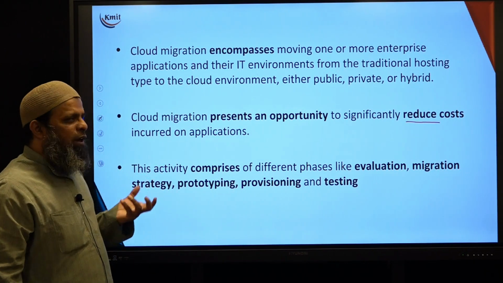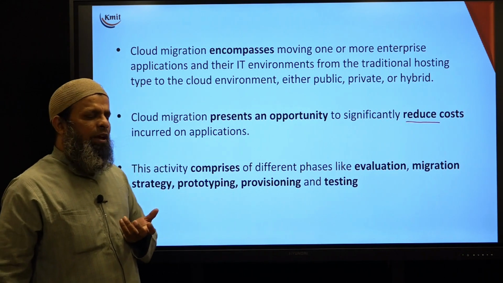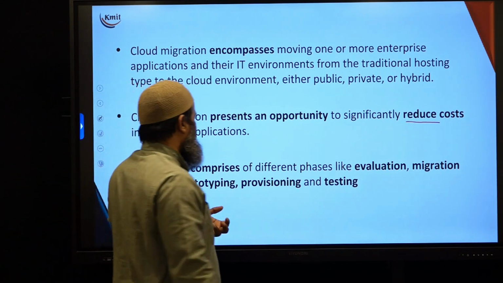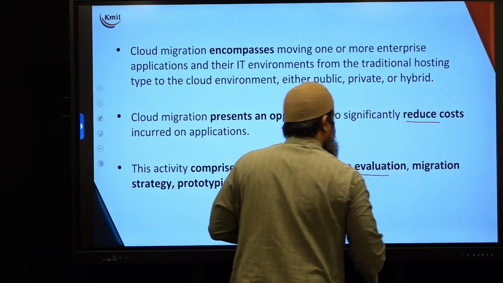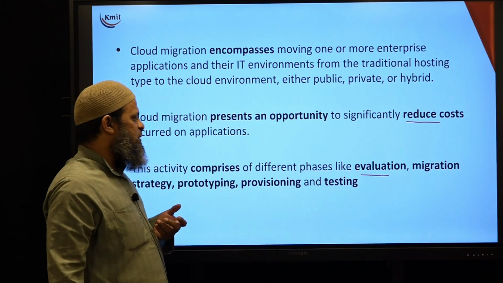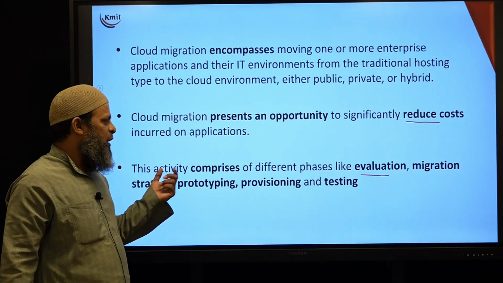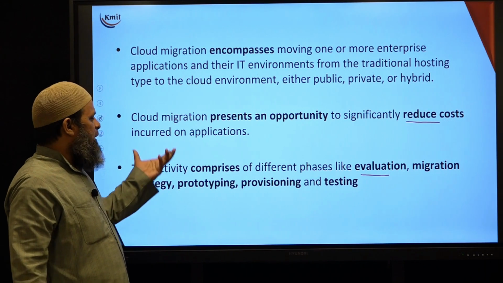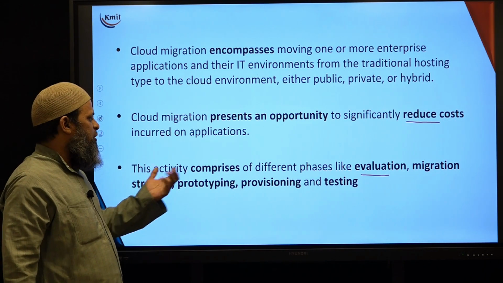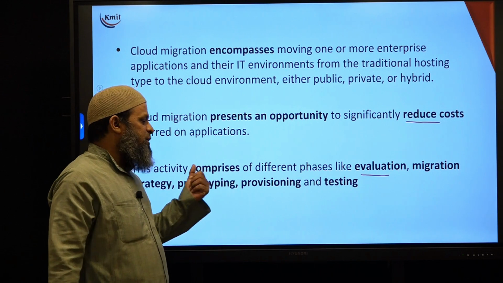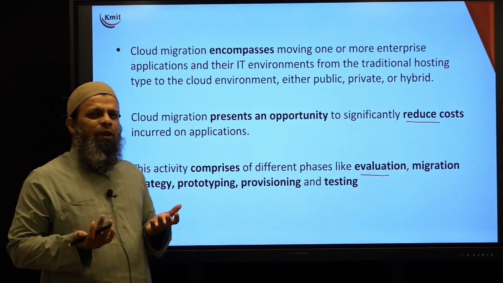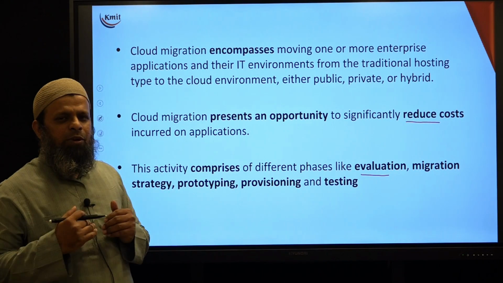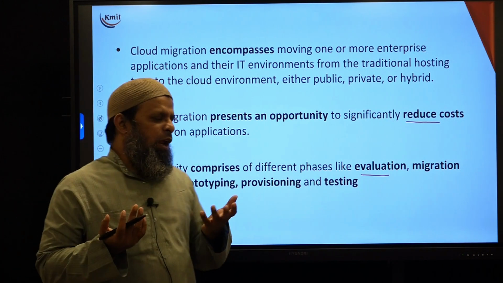So, what all does it comprise of? Now, how is migration done? First, we need to evaluate. Before migrating, we have to evaluate what is required and what is not required. This migration comprises evaluation, migration strategy, whether all the applications or some of the applications can be moved to cloud.